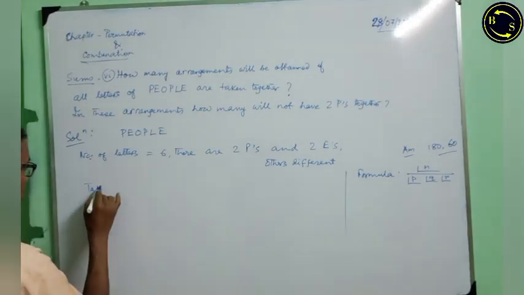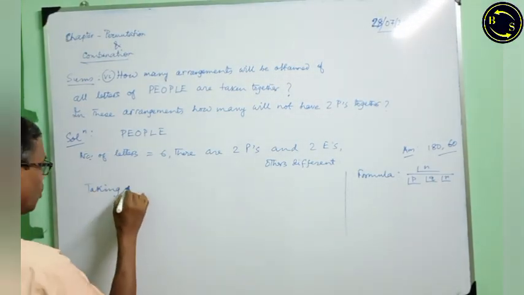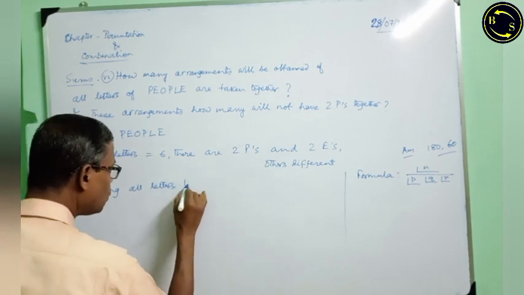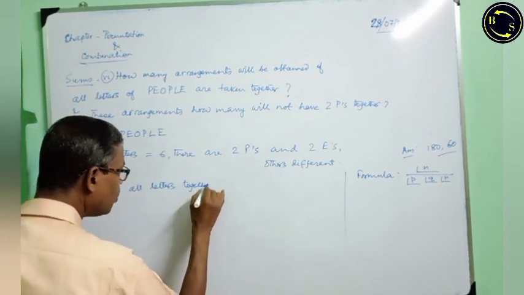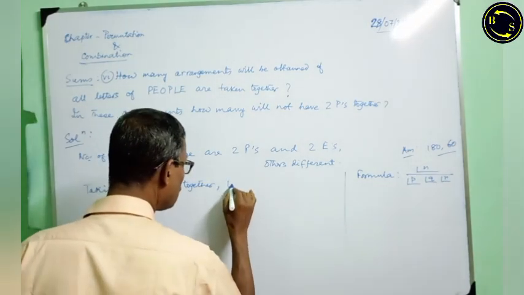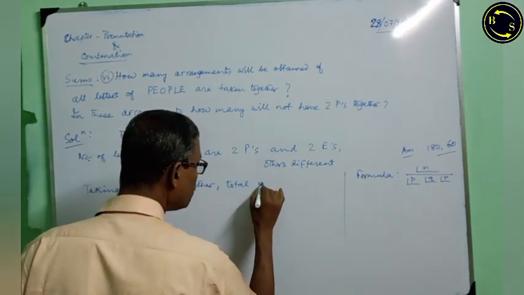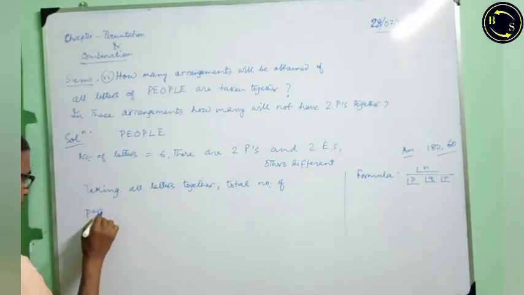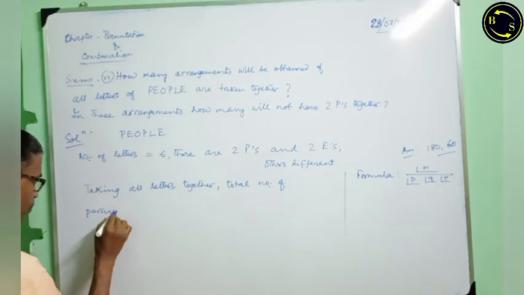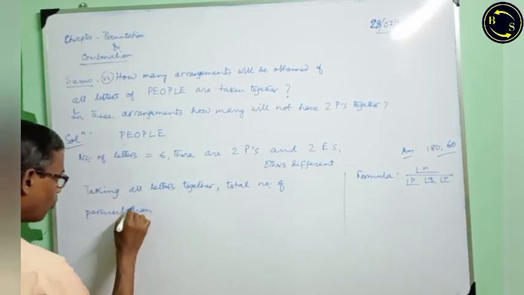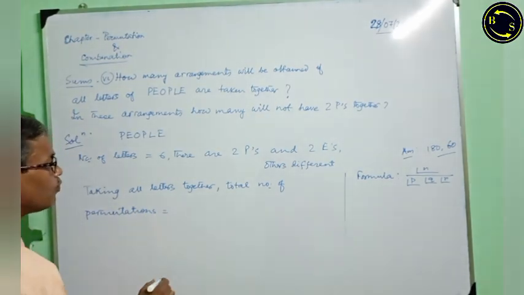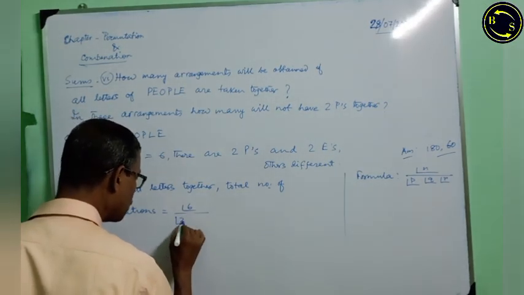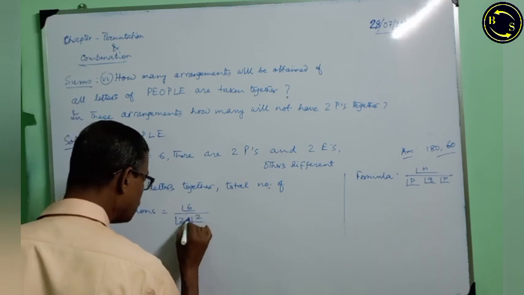Taking all letters together, the total number of permutations is equal to factorial 6 by factorial 2 into factorial 2.